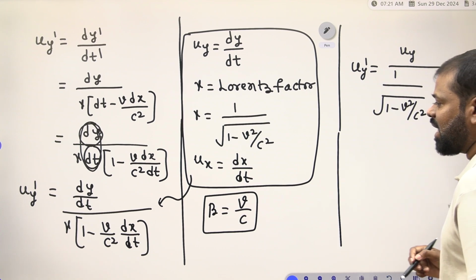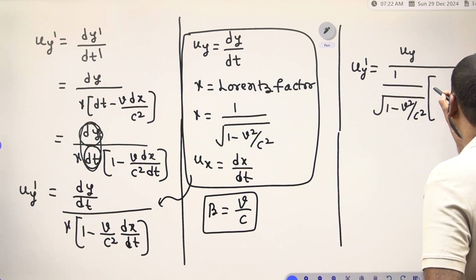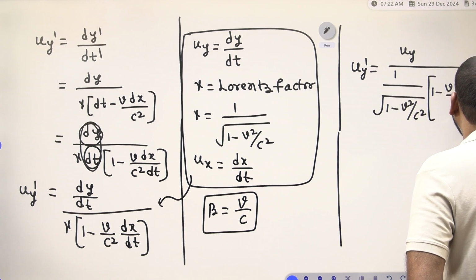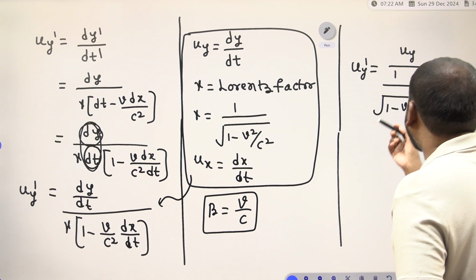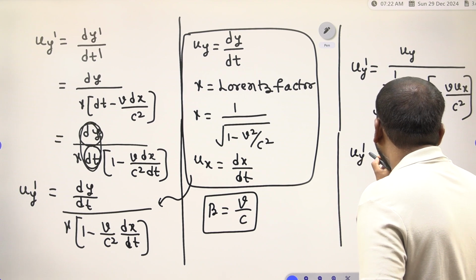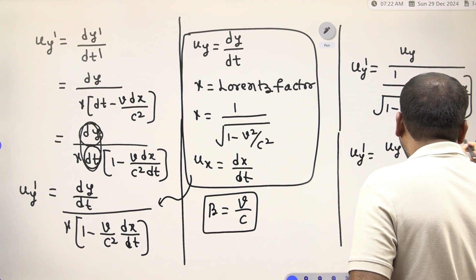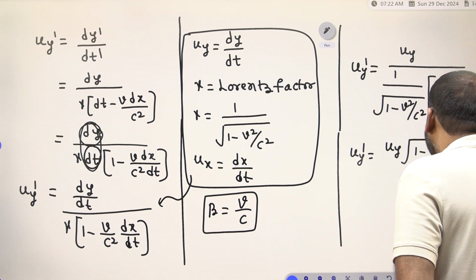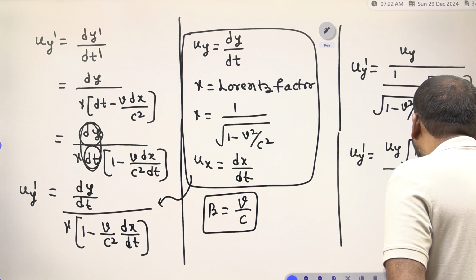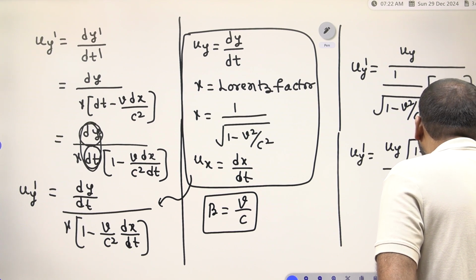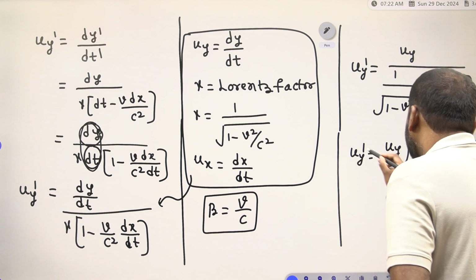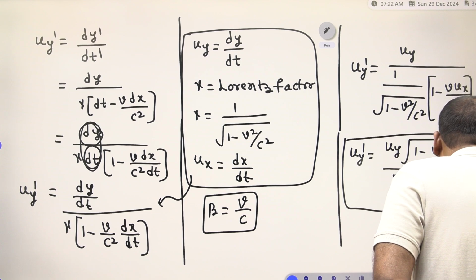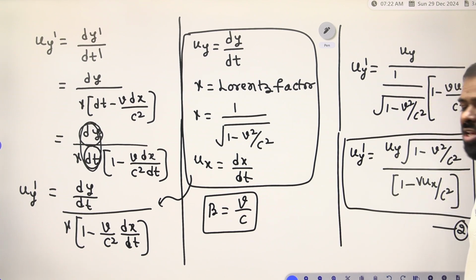Then we write 1 minus v into u_x divided by c square. Therefore u_y dash is equal to u_y into square root of 1 minus v square by c square, divided by 1 minus v u_x divided by c square. This is u_y dash. Consider this as equation number 2.